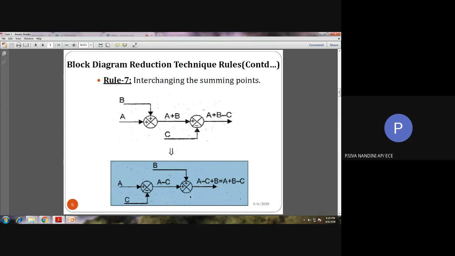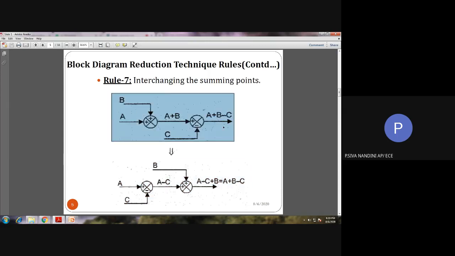See here, we have interchanged the summing points. Along with the plus or minus symbol, we have moved C to the first summing point, and in the second summing point, with the plus symbol, we have included B. This is the vice versa of the first one.